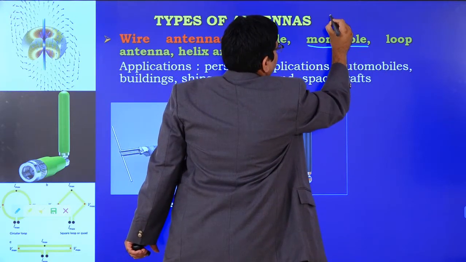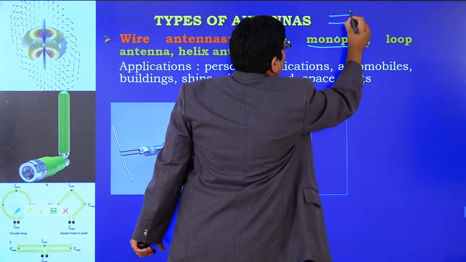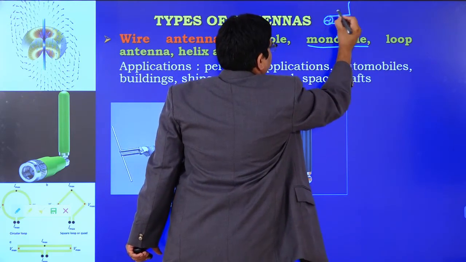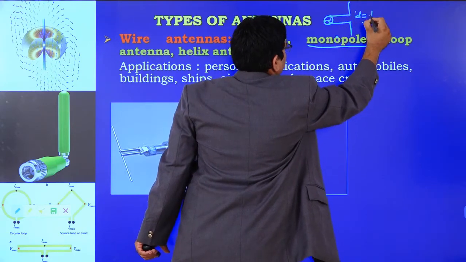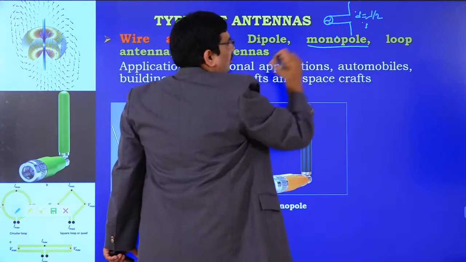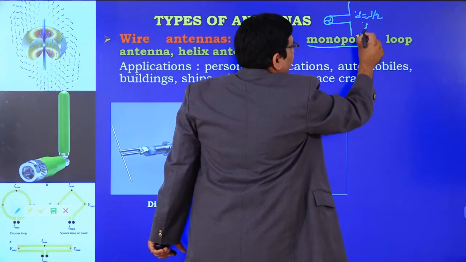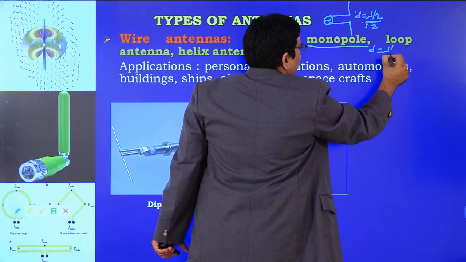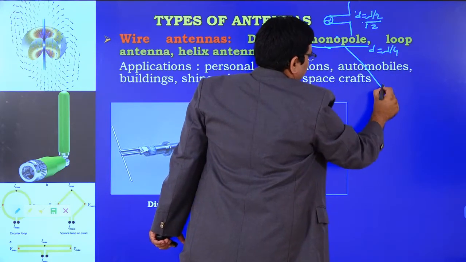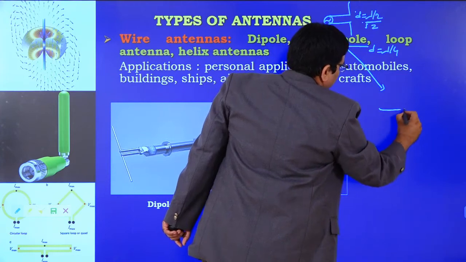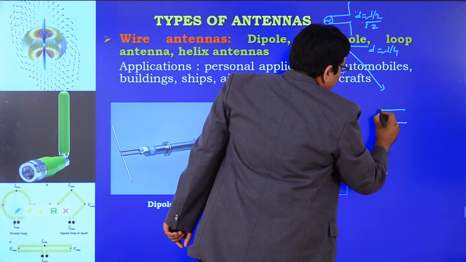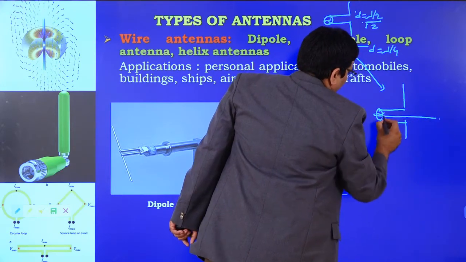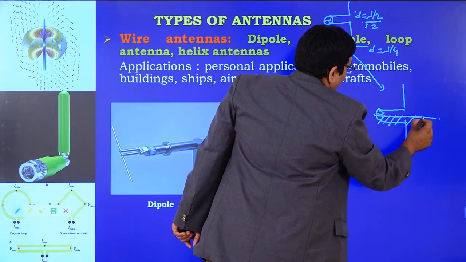In the dipole we take two wires, give the feed or excitation here, and the length of the wire is lambda by 2. But in the monopole antenna the length of the wire is half of this, so L equals lambda by 4. In the monopole antenna, one of the wires is given to the ground.